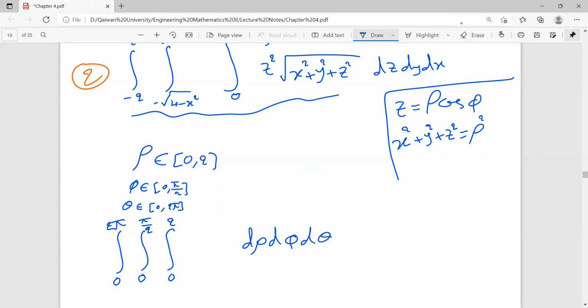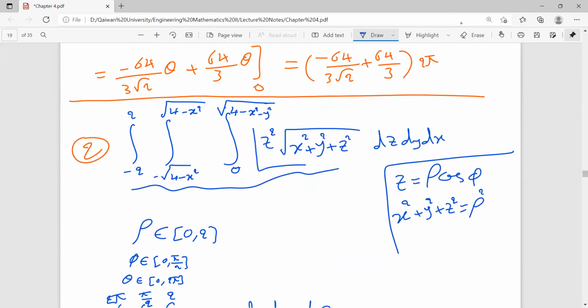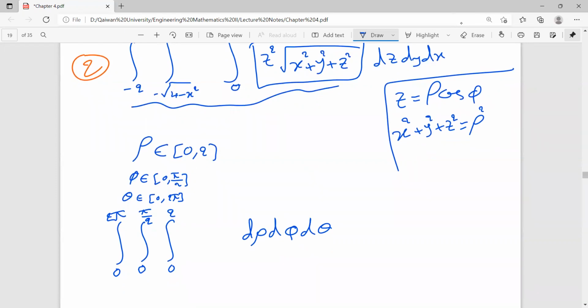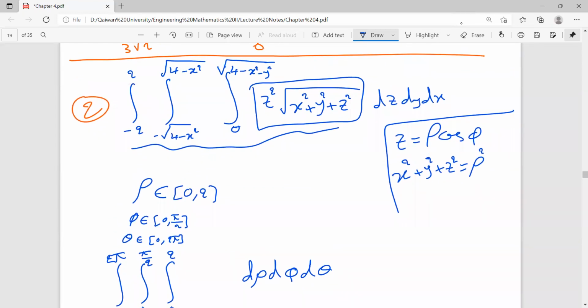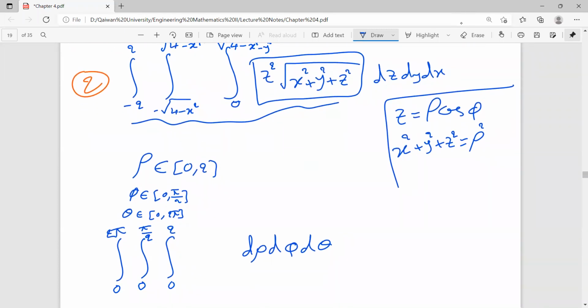These are the limits. And now we have this function. But as I said before, when we convert any Cartesian triple integral to spherical coordinates, we should multiply by rho squared sine phi.